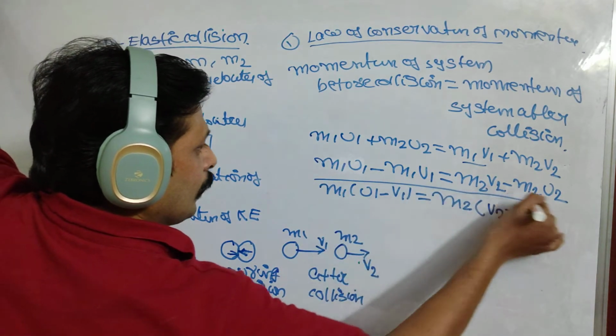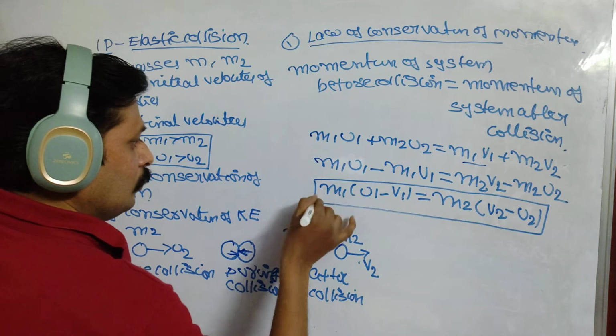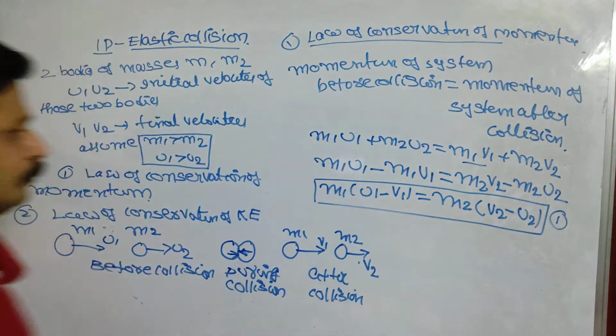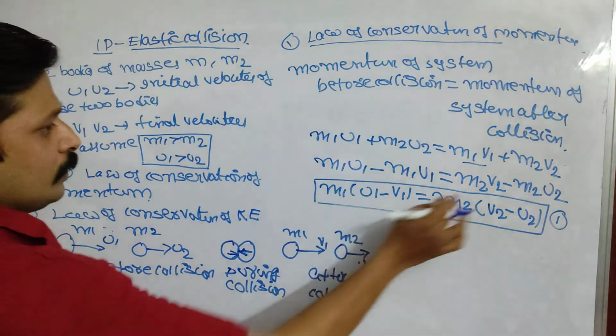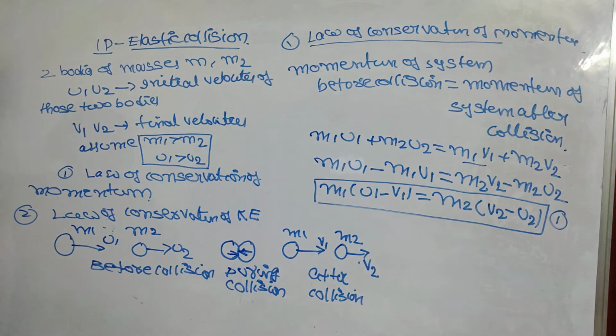You give that number 1: m1(u1 minus v1) = m2(v2 minus u2). Now the first one is verified, that is, the law of conservation of momentum is verified, and you will move to the second one now, the law of conservation of kinetic energy.